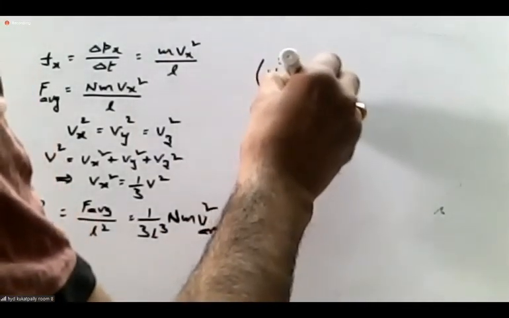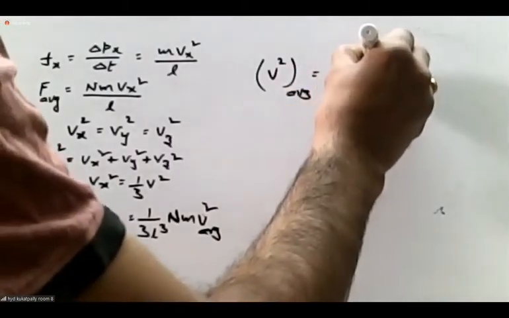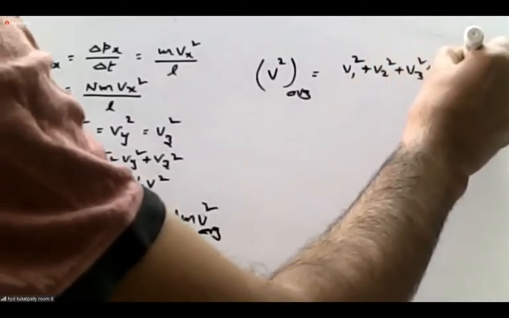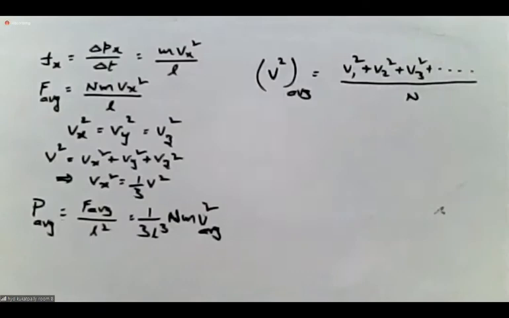How do I define V square average? V1 square, first particle velocity square, plus V2 square, second particle velocity square, plus third particle velocity square, etcetera, divided by N. This is V square average.